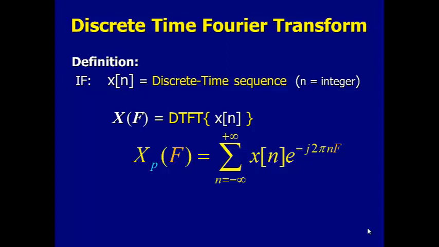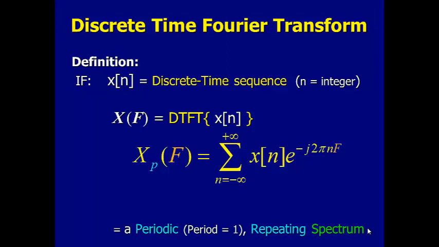The thing we call the DFT, well, what do I mean by that? This is a periodically repeating spectrum. It keeps going, keeps repeating, with a period of 1.